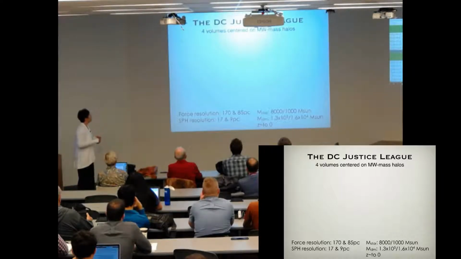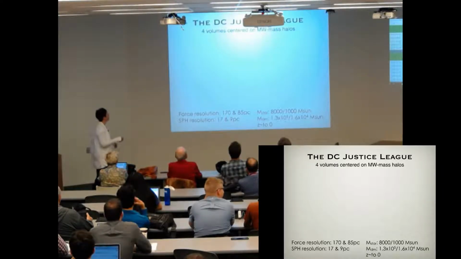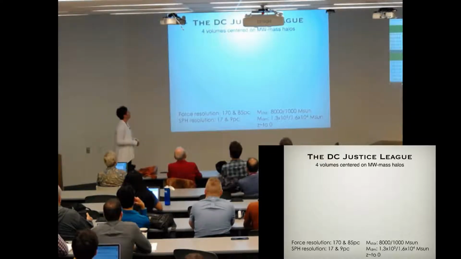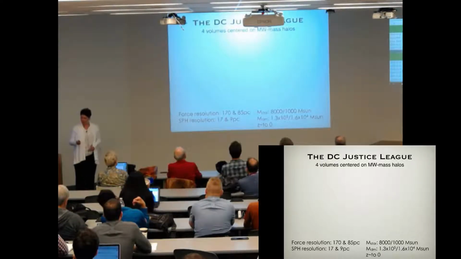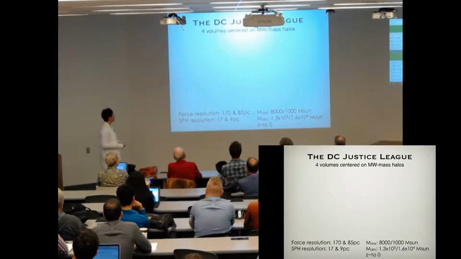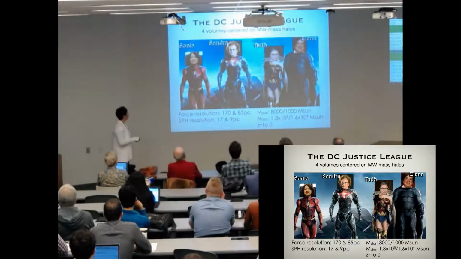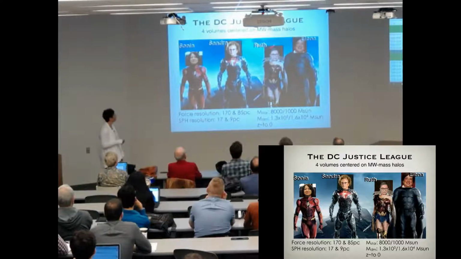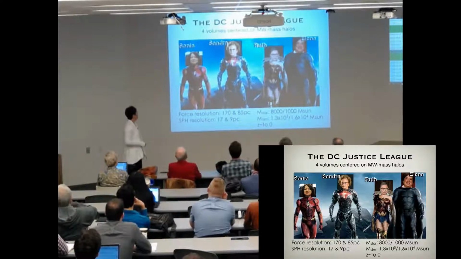So because we have the Marvel dwarf volumes, we thought we would also go to the other comic book publisher, the DC Comics. And so we decided that these 4 would be the DC Justice League runs. But we wanted to stick with the female simulation names. So we are going with Sonia, Sandra, Ruth, and Elena as our DC Justice League.